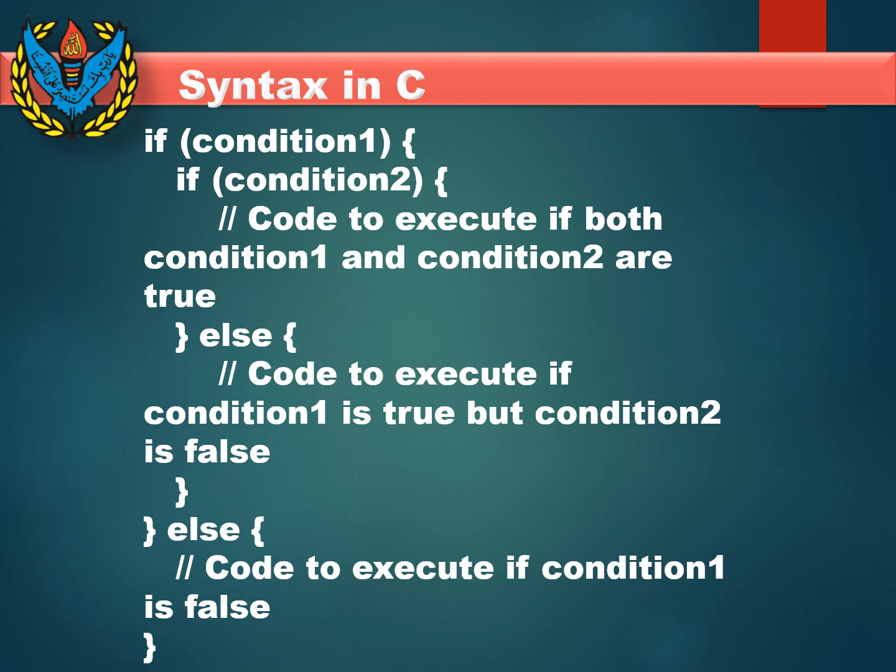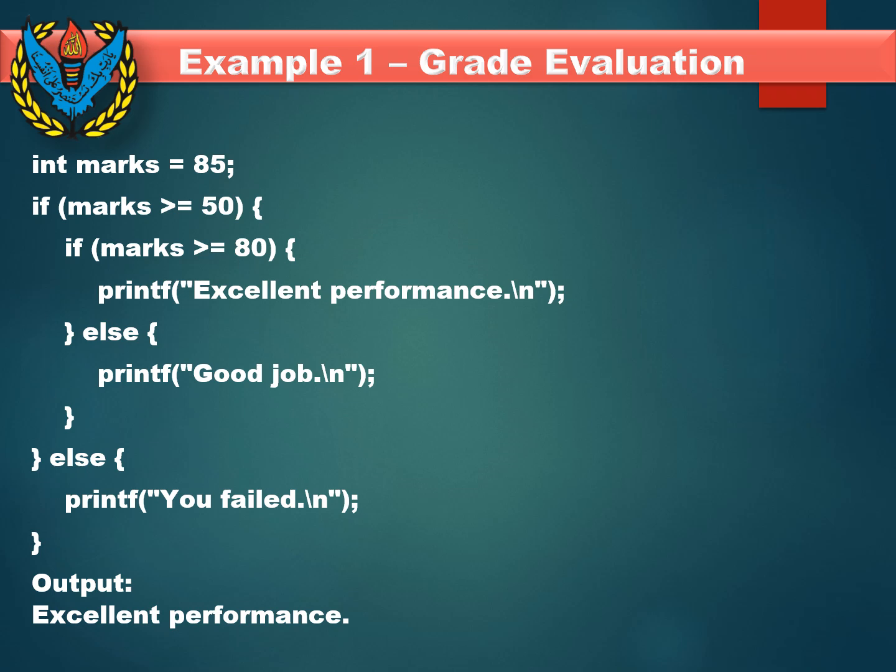In the second scenario, if condition 1 is true and condition 2 is false, then the else portion of the second if condition will execute. And in the third case, if condition 1 is false, then the last else portion of the outer if condition will execute. So this is the structure of the syntax of the nested if else statement.